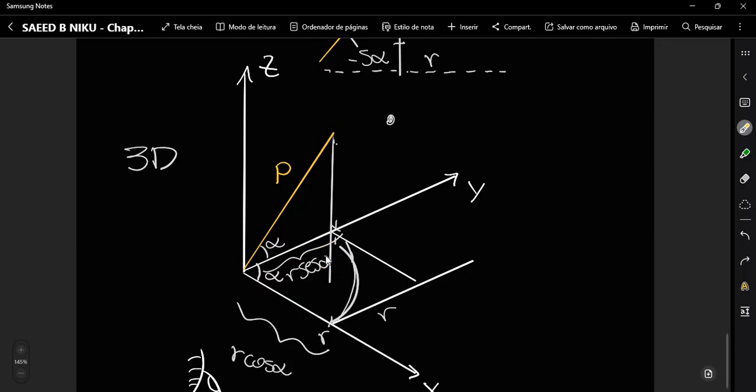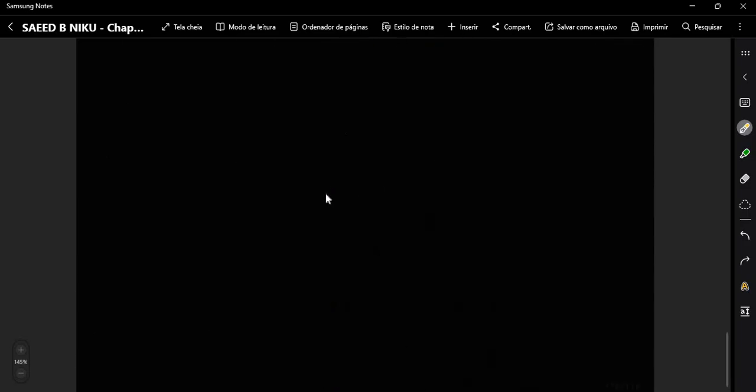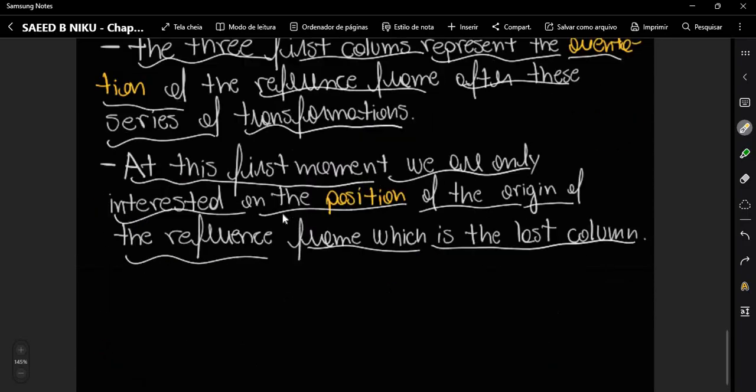Where is the origin of this reference after the transformations? After the transformation, we got this point, but this is the origin of the transformation. At this moment, we are only interested in the position of the origin of the reference frame. Origin. That is the key.